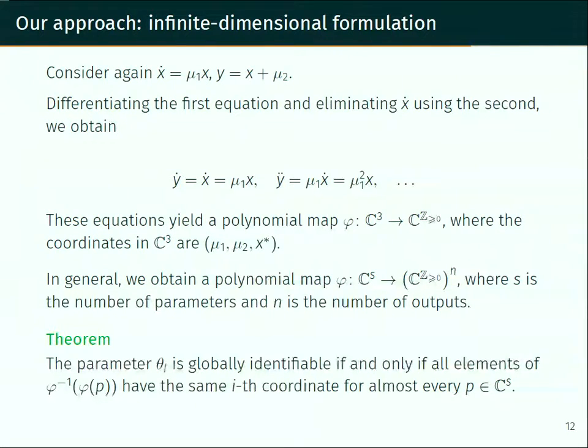Like those, yes. So different choices of mu1 and mu2 will be this pre-image. And I say that a parameter is globally identifiable if for every element in this pre-image I have the same value of this parameter.